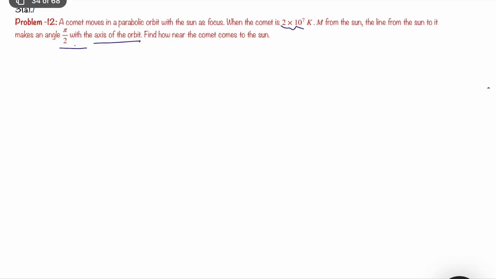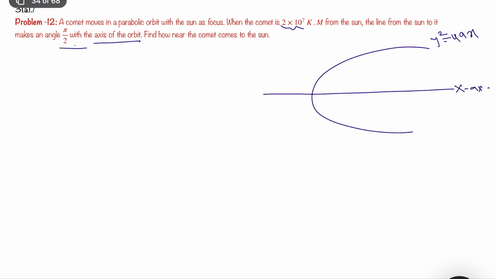Here the comet moves in a parabolic orbit with the sun as a focus. Let me draw a parabola whose equation is y square equal to 4ax and whose axis will be the x-axis. Here the sun is at the focus.